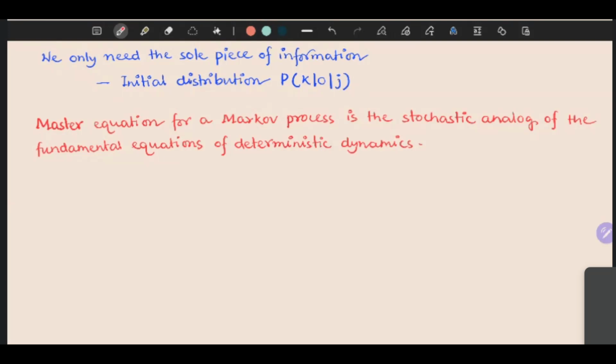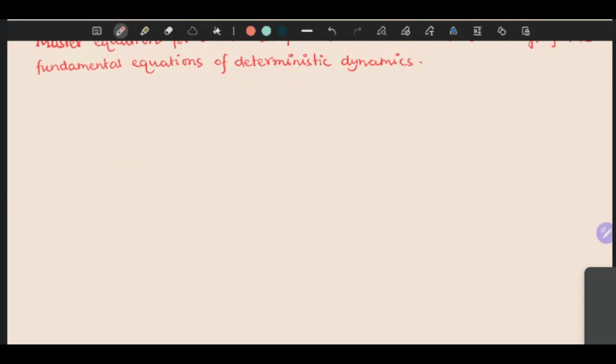Now we will get the formal solution of master equations. So let us say formal solution for master equation.